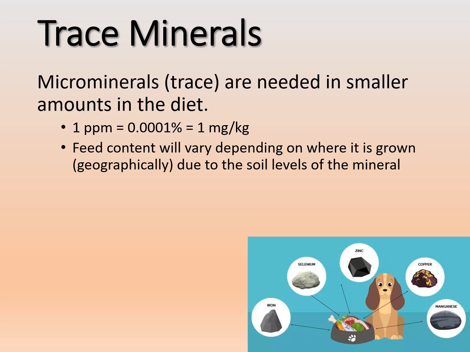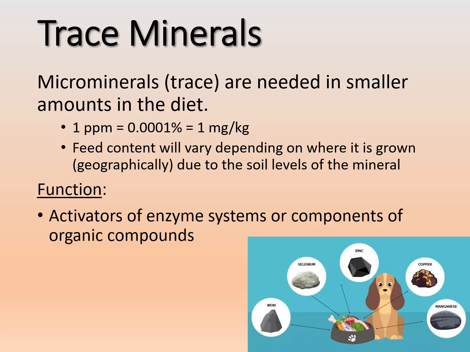So the plants take up the minerals from the soil when they're being grown. And so it can depend on where they're grown, and some areas have higher levels than others. It's more important, I think, from a deficiency standpoint, where you're talking about if a feed is deficient in a mineral. It's usually due to where it was grown.